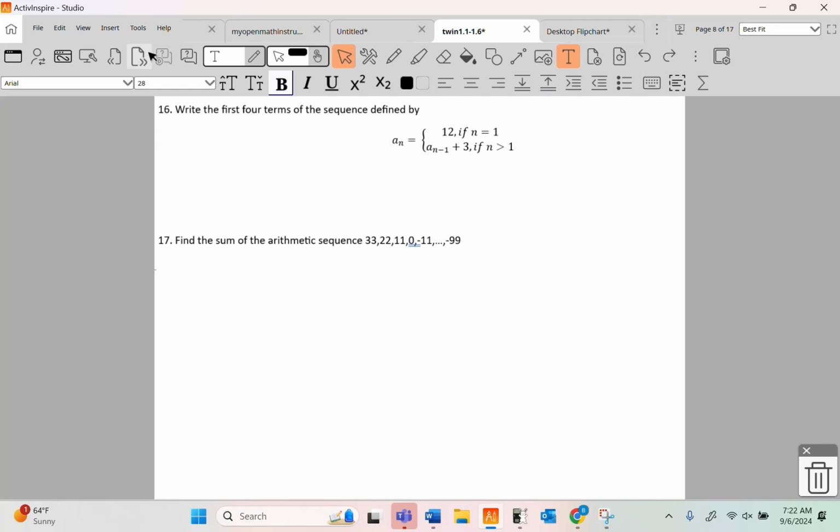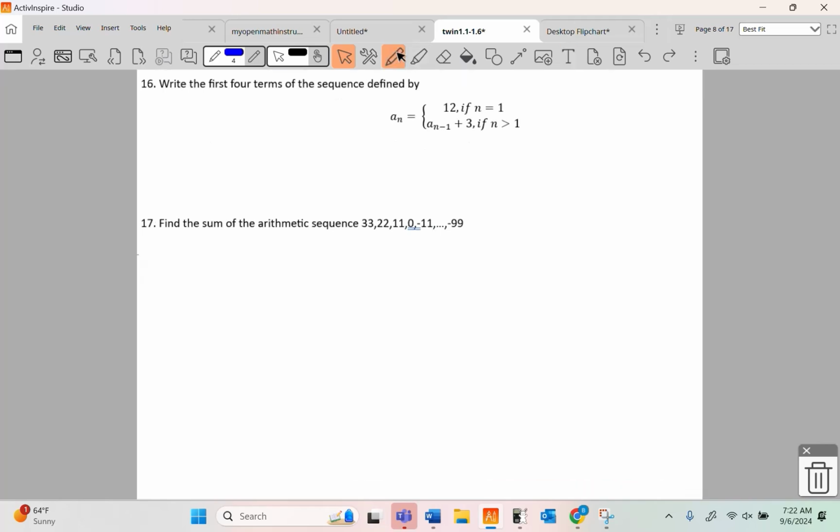Write the first 4 terms of the sequence defined by this guy. The retake quiz, I probably still had about 10 individuals who missed this question, even with this just sitting there. That's the form for a recursive sequence.